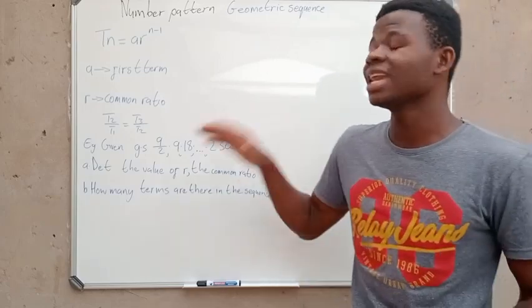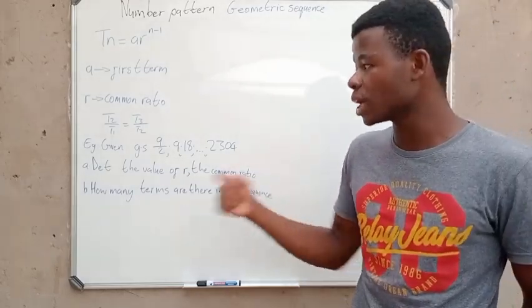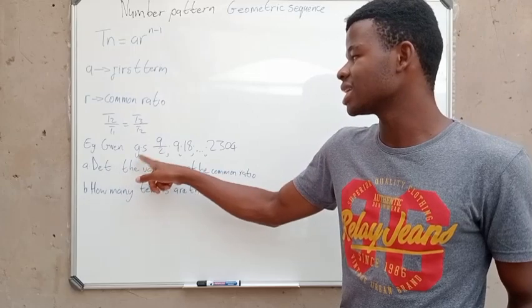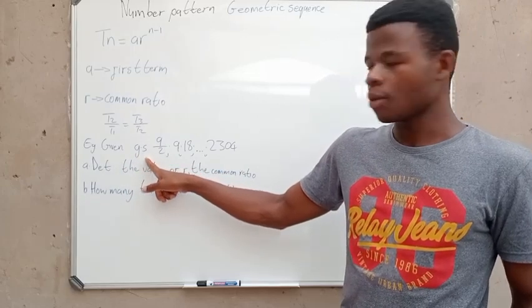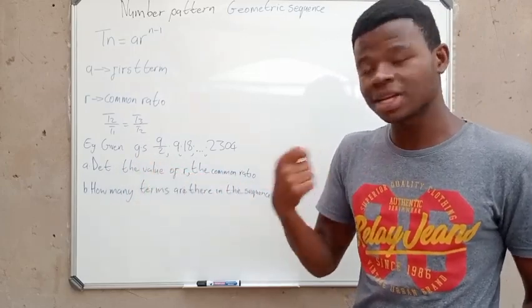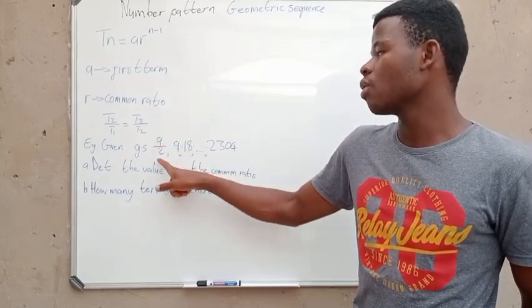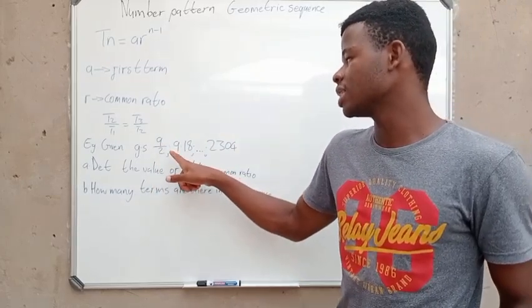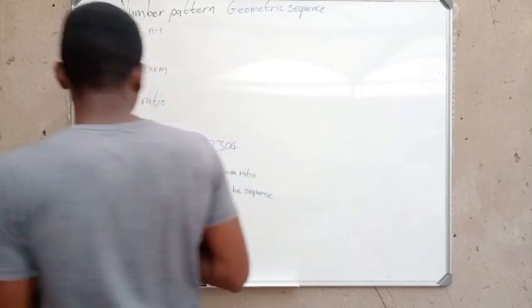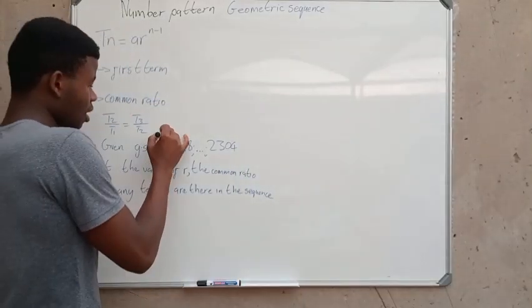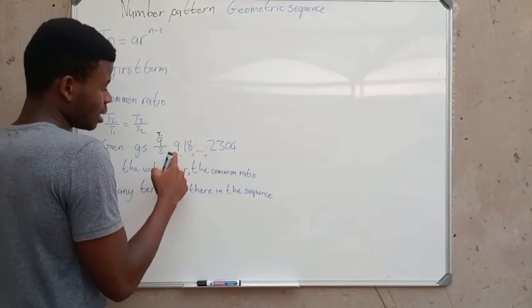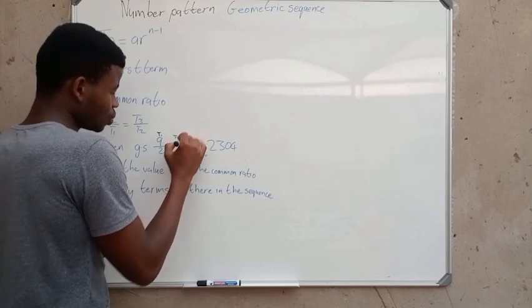So now we are given an exam question. It says: given the geometric sequence, 9 over 2, this is term number 1. Term number 2 is 9.